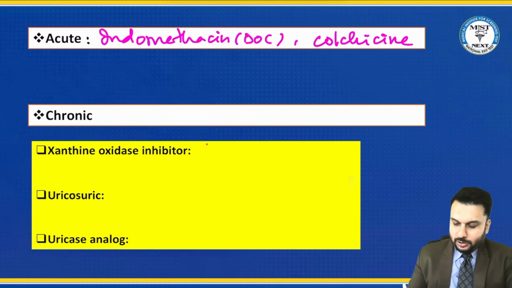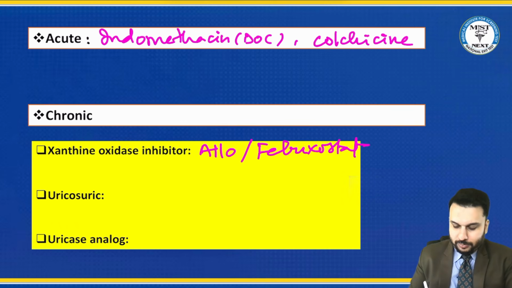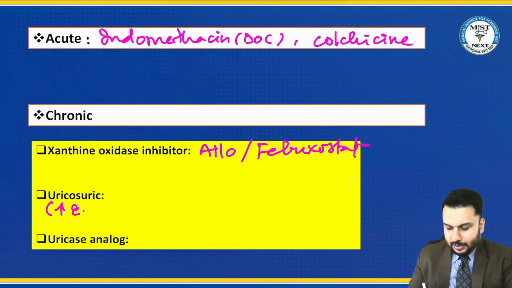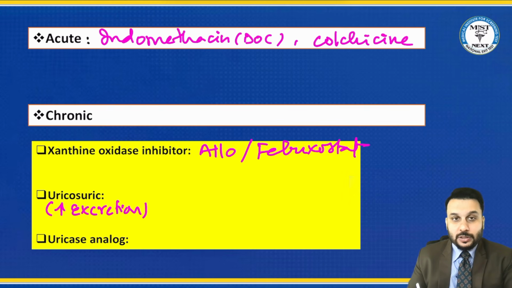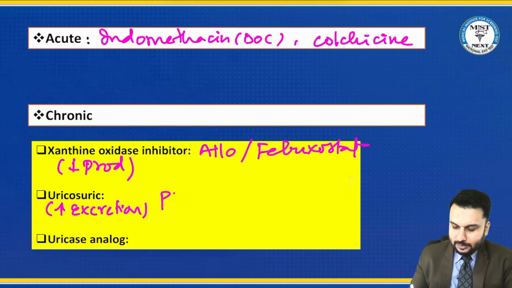For chronic gout, xanthine oxidase inhibitors like allopurinol or febuxostat. Uricosurics are the drugs that will increase the excretion of uric acid. Xanthine oxidase inhibitors reduce the production of uric acid. In uricosurics, there is one important example called probenecid.